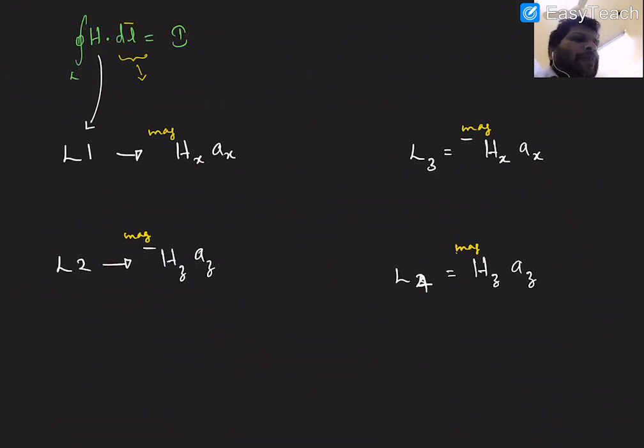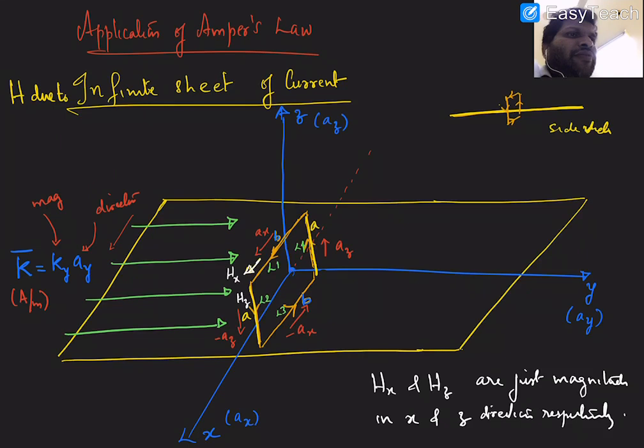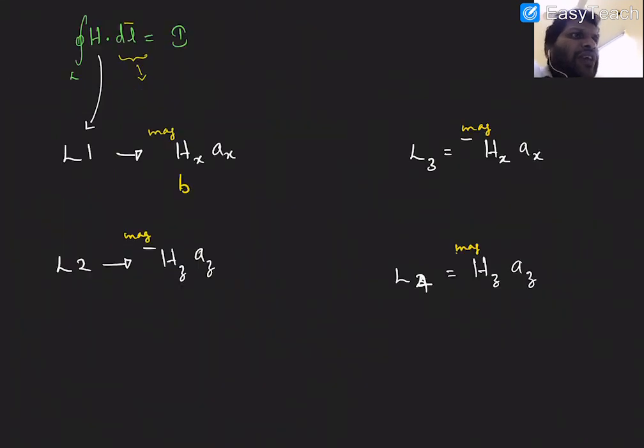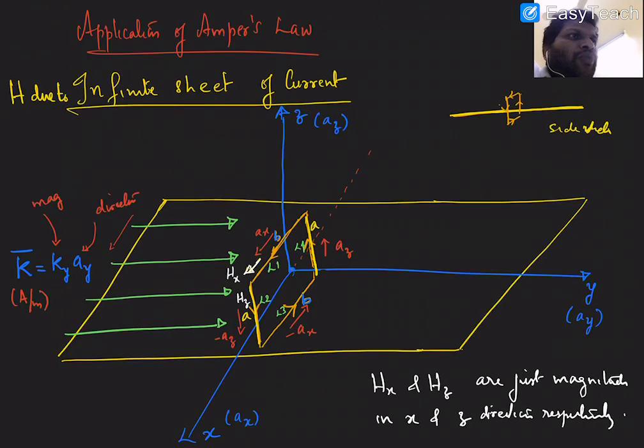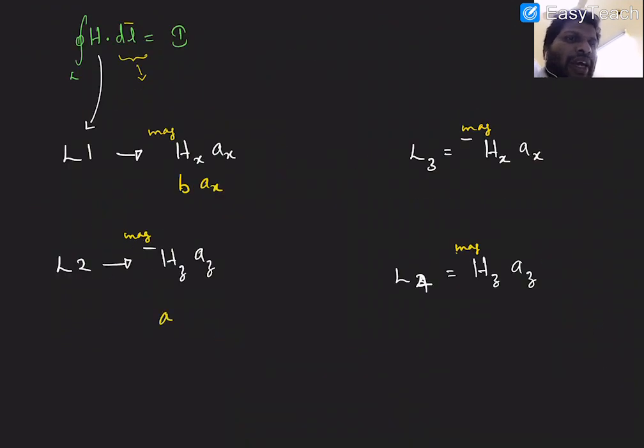Now we will see what our dl is in this case. The first piece we have b, and it is moving in the direction of ax, so b into ax. Next is a into minus az. This is the length.